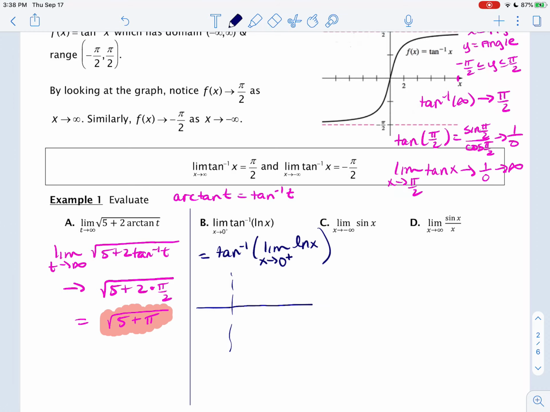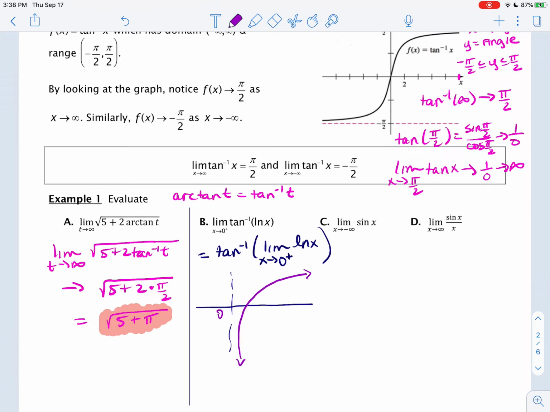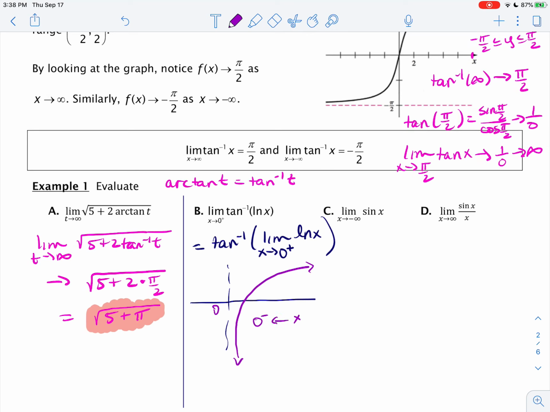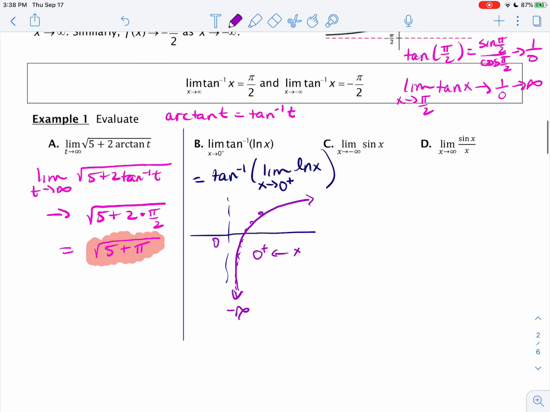And if you recall the graph of ln of x, you can see that as x is approaching 0 from the right, our function outputs are going to negative infinity.